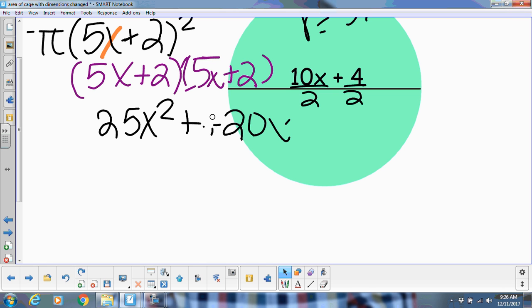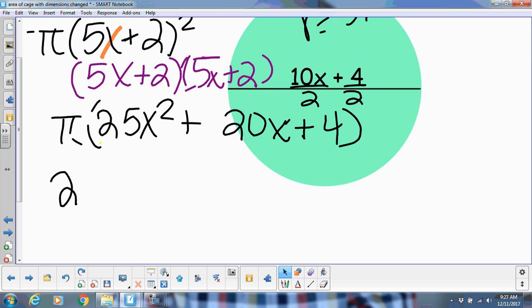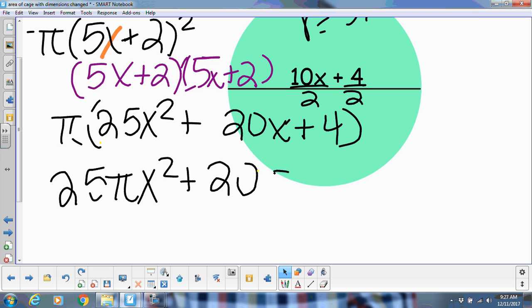Alright, 20x plus 4, then multiply everything by pi. So it's 25 pi x squared plus 20 pi x plus 4 pi. All right. Yes, the pi goes after the number, before the variable. It doesn't technically matter as long as it's in there. It just looks better if you put it after the number.